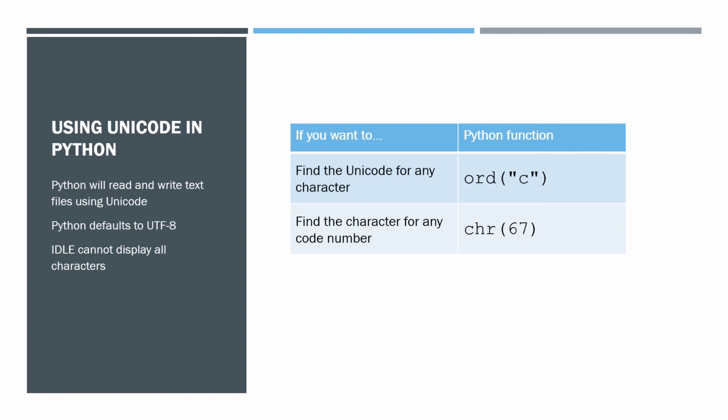ORD will turn any character into a Unicode number, and CHR will turn any number into the appropriate Unicode character. However, IDLE, the IDE that we use, can't display all the Unicode characters. It can do quite a lot of them though, so it is quite interesting to explore. You could, for instance, generate large random numbers and see what they look like in Unicode.